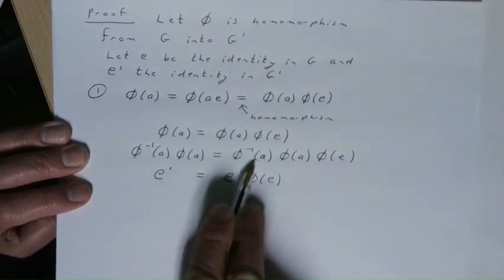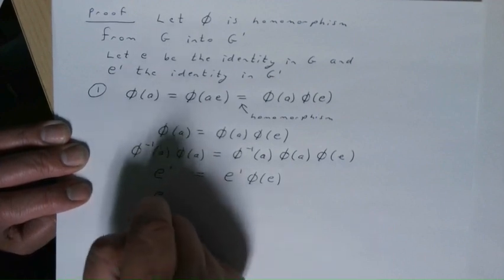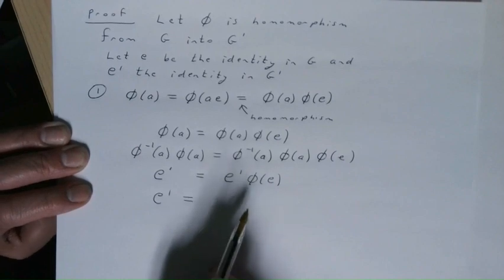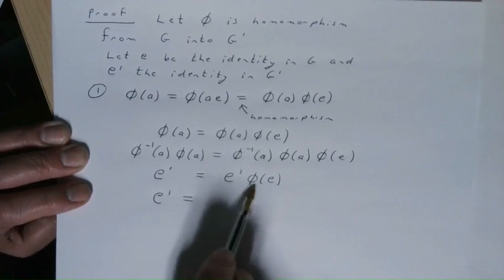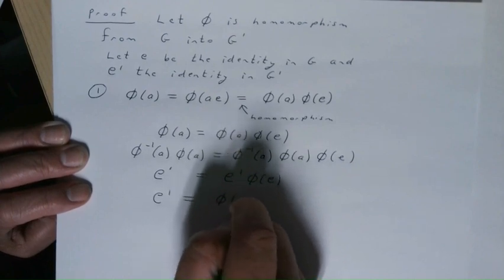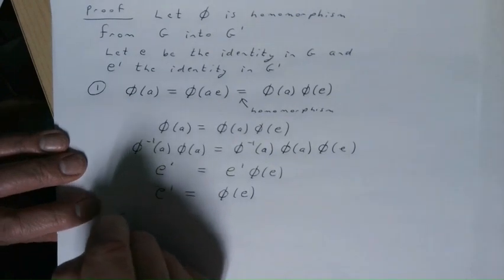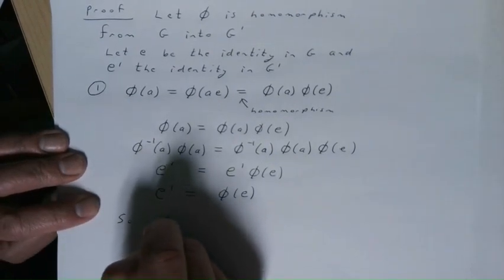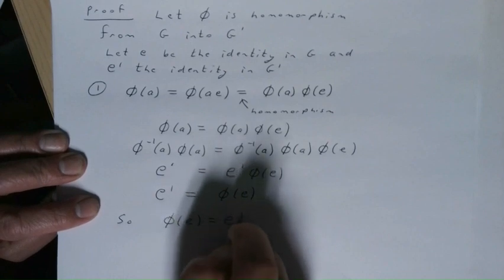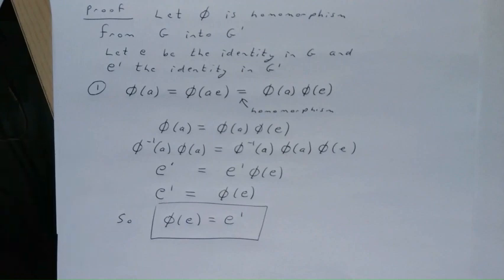So E prime, E prime. And now, again, if we just carry this left-hand side down, E prime times phi of E will just give us phi of E. And that's what we were trying to show. So phi of E is equal to E prime.